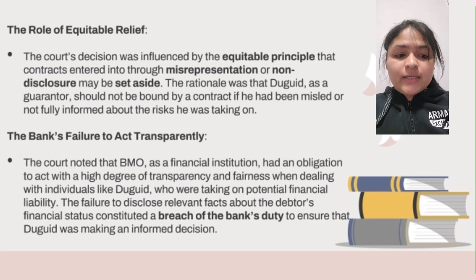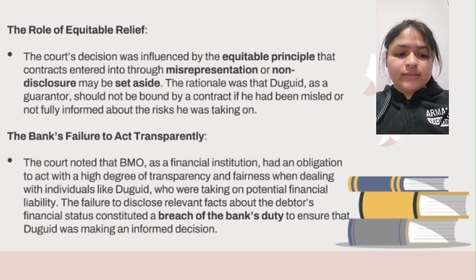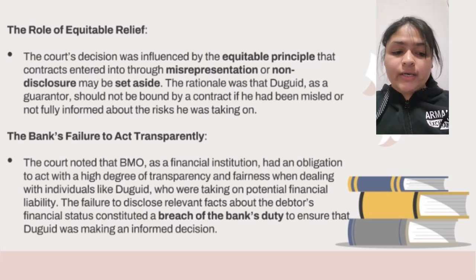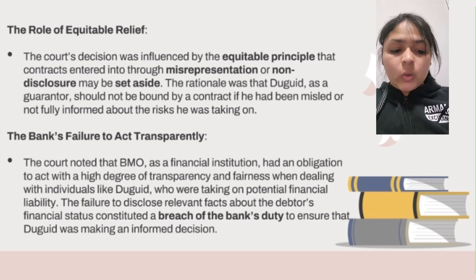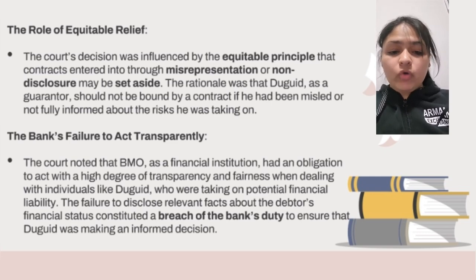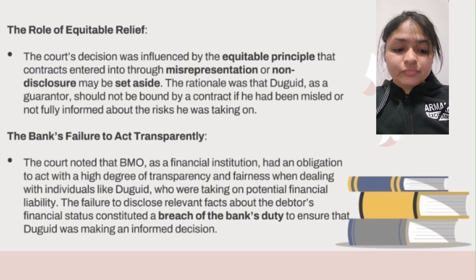The other part is fairness in guarantee contracts. Guarantors are often in a vulnerable position because they rely on the creditor to provide accurate and complete information about the debtor. Without this, they cannot make informed decisions. The court reinforced that contracts involving guarantors must be fair and transparent.